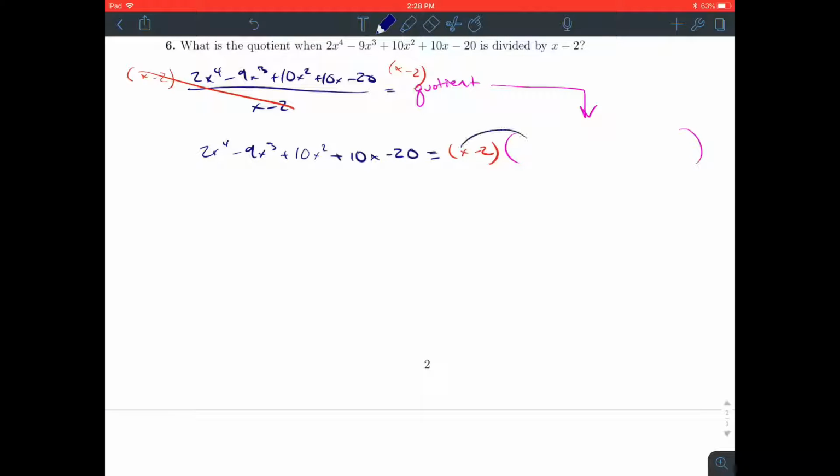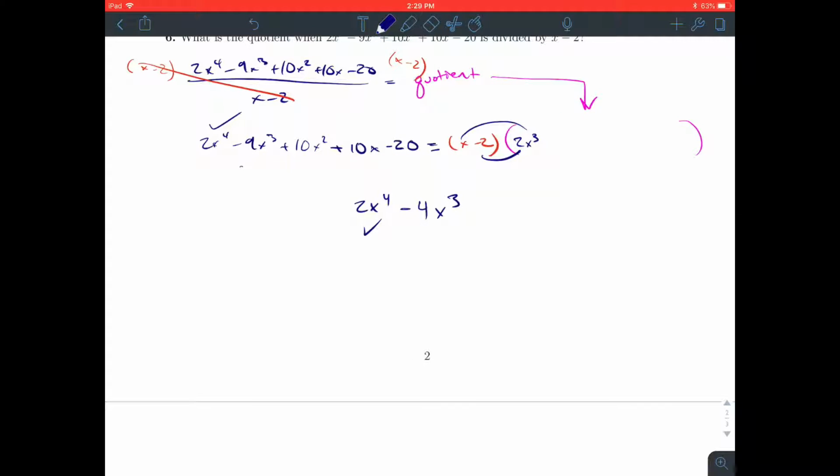Okay, x times 2x cubed gives us 2x to the 4th. So far, so good. Negative 2 times 2x cubed gives us negative 4x cubed. But we wanted negative 9x cubed. So we need to have a next term that will give us negative 9x cubed in total.